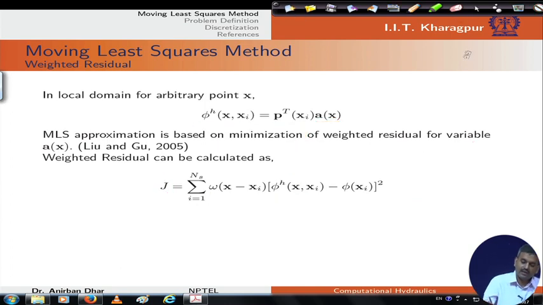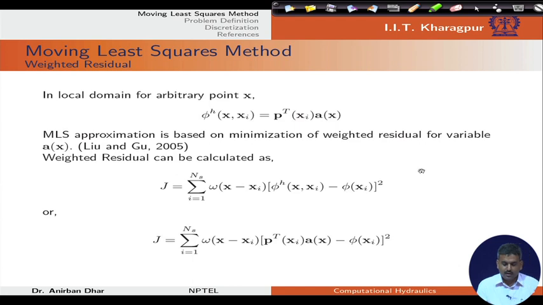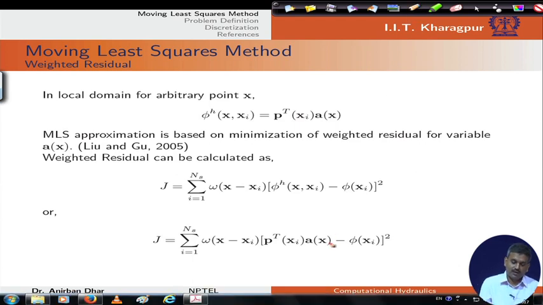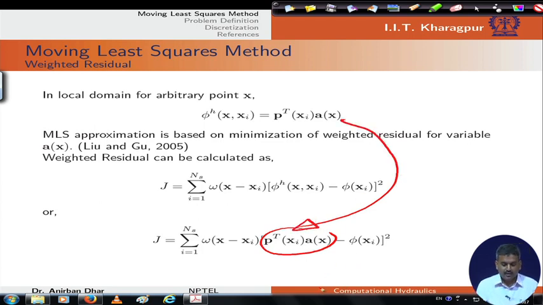So, in this case, if we replace our original form from this equation, then we can write this equation as P transpose xi Ax, and this is our again function value phi xi, given this omega x minus xi, which is the given function for this particular problem.